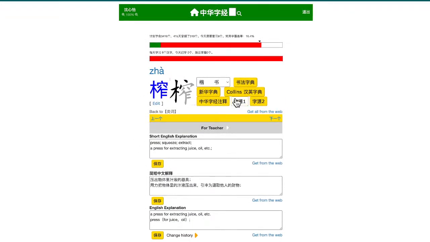So let's take a look at the character itself. This one goes with the wood radical, because the press used to be made out of wood. On the right hand side is the character 窄. Now 窄 has the meaning of narrow.